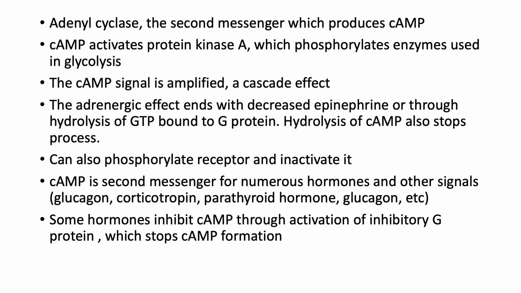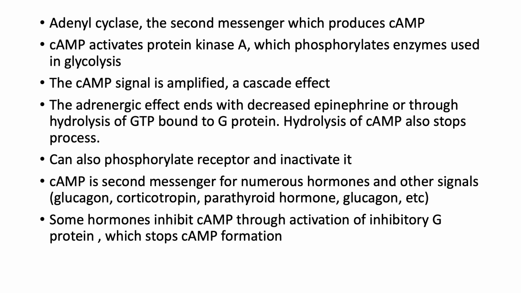Adenyl cyclase produces cyclic AMP, which activates protein kinase A, and that phosphorylates enzymes used in glycolysis. So glycolysis is accelerated and amplified using this cyclic AMP signal. It's a cascade effect.